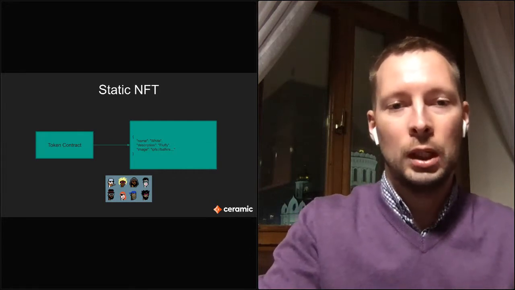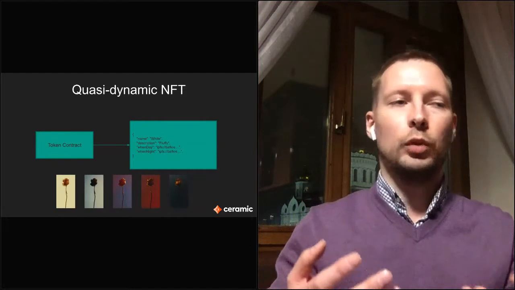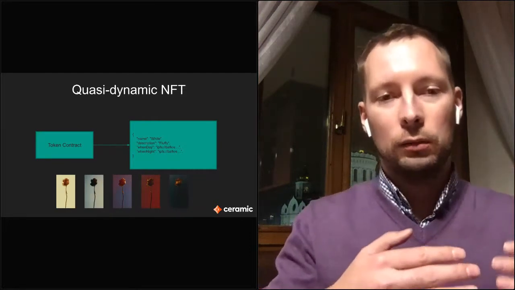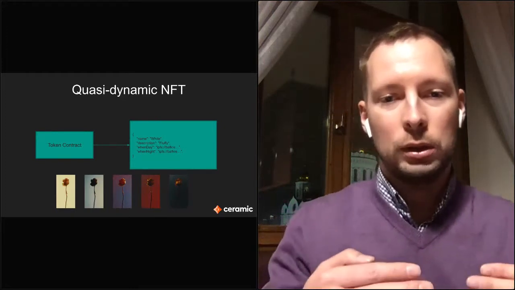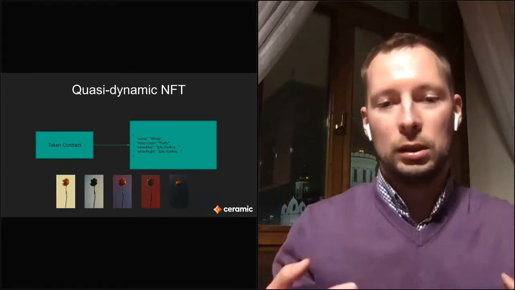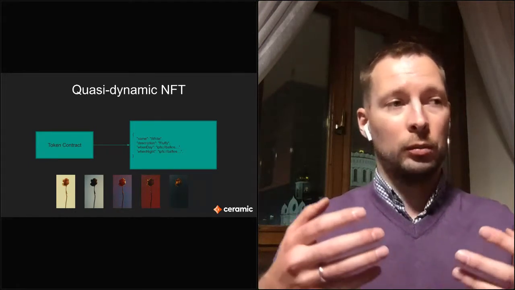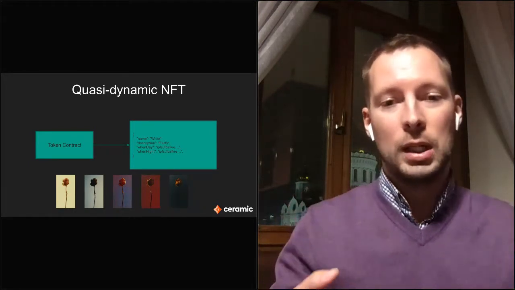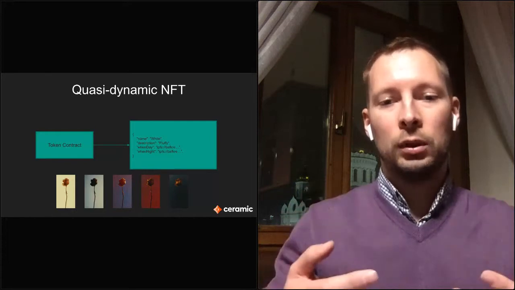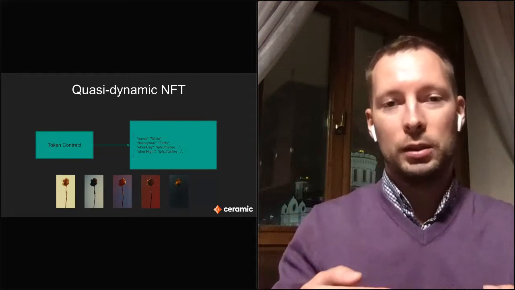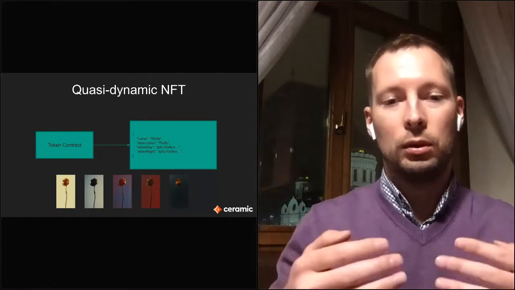So it has to be dynamic, but we're building on the established basis, and right now we can do dynamic NFTs, well, quasi-dynamic NFTs, by putting a lot of static files and commanding a viewer to please display this or that picture based on, say, time of the day or location.